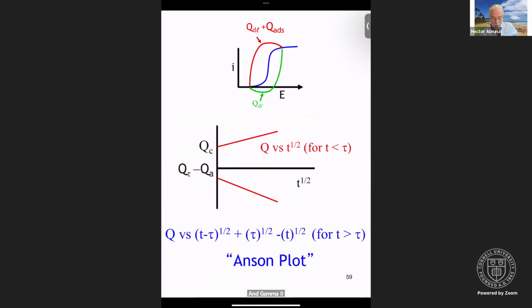And so in essence, it's like we had before in terms of a double potential step. So we go from the forward step, we wait tau and come back. In this case, however, rather than measuring the current, we're measuring the charge.